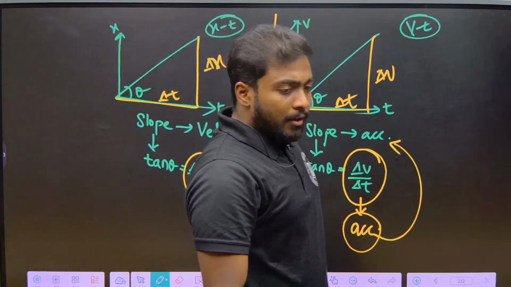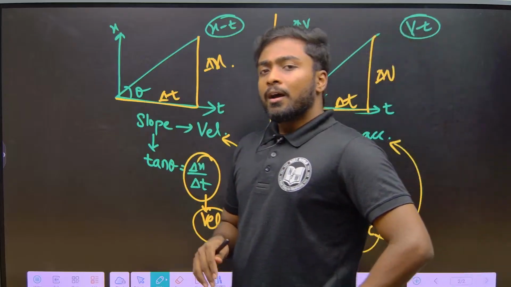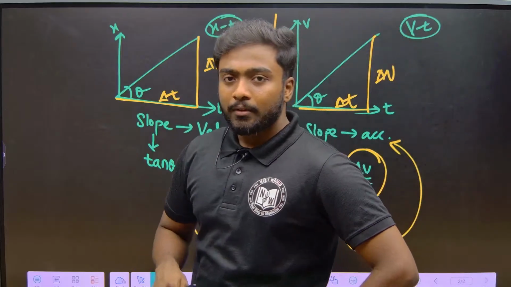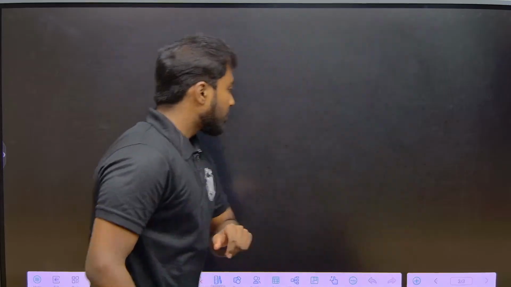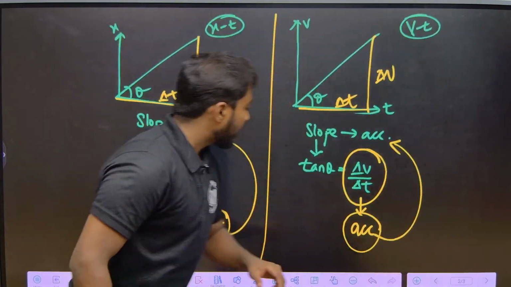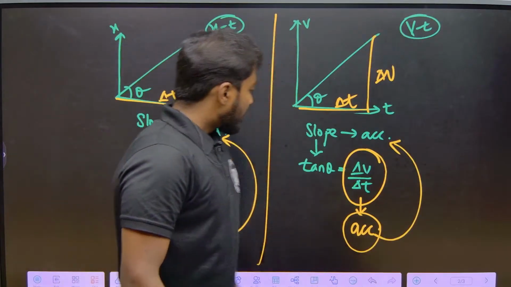Okay sir, we have said what the slope is, but is the slope increasing or decreasing? How can we find it? Yes, we will find it. See, you can take a note of this or take a screenshot of this.